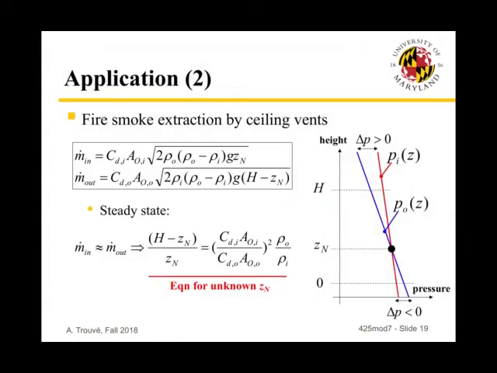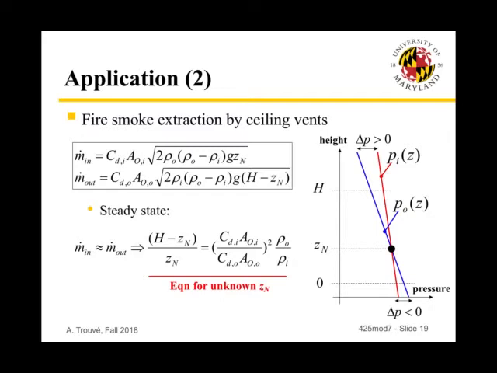So we again have expressions that are similar to the ones that we had before, except that we have new notation. So our lower vent is located at Z0,1 equals 0. Our upper vent is located at Z0,2 equal capital H. So capital H is the height of the ceiling. Other than that, these expressions are similar. We again want to solve this problem by hand, so we are going to invoke steady state.